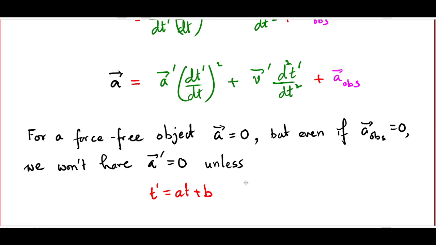If this relation exists between the times as used by two different observers, the same relation we found for the special case before, then and only then would an observer who is not accelerating with respect to an inertial observer also be inertial. It's not just the state of motion of the observer which is important here, but also the time he or she uses.